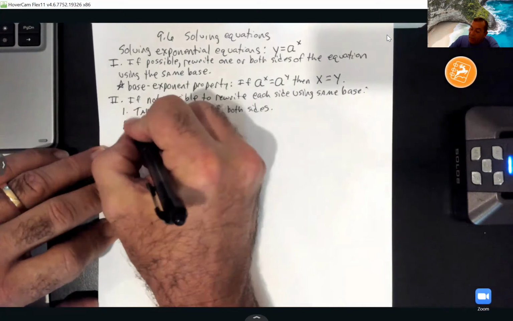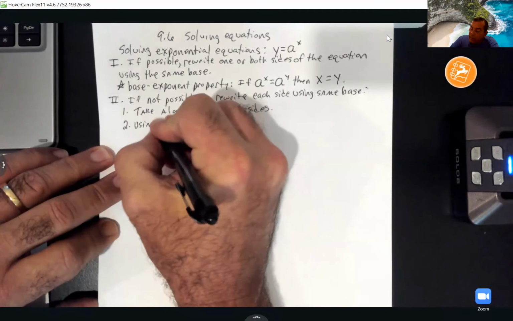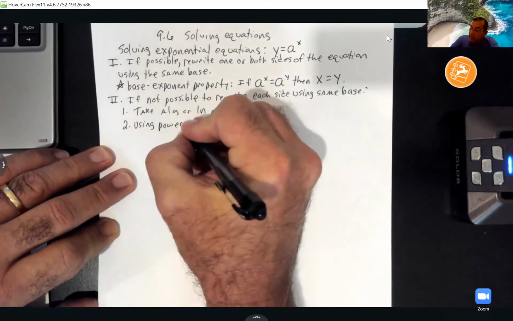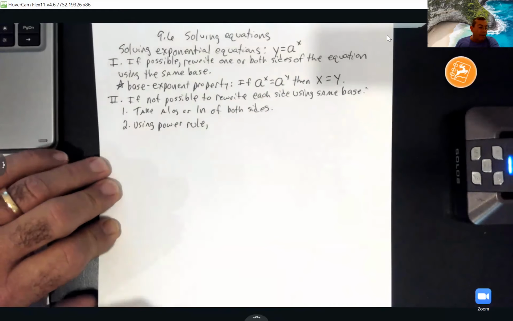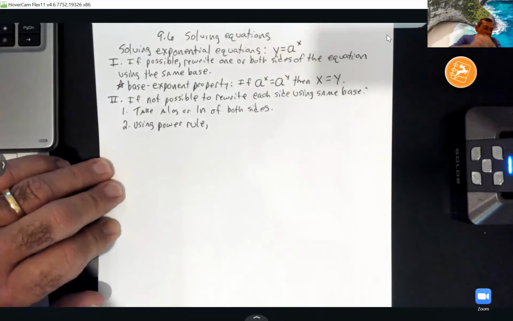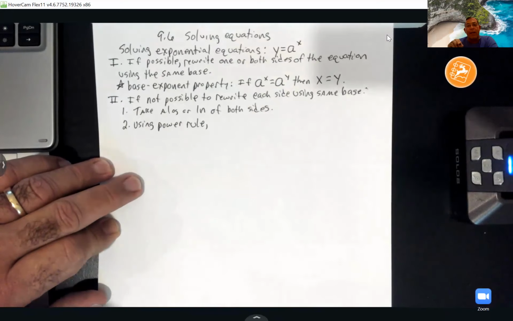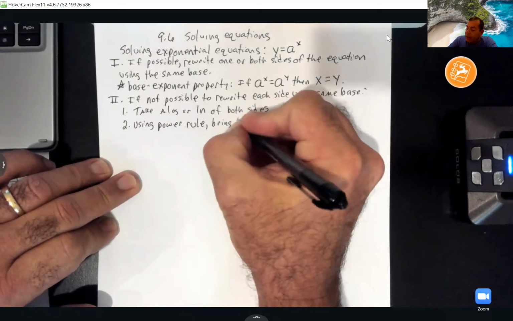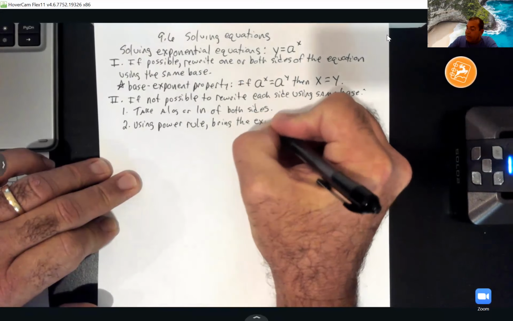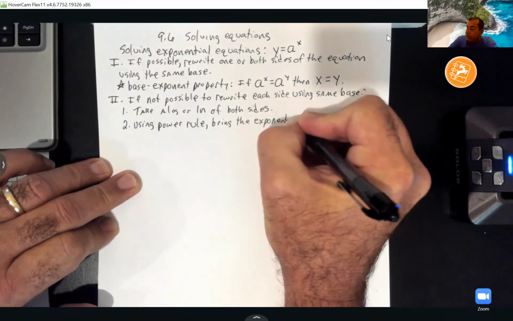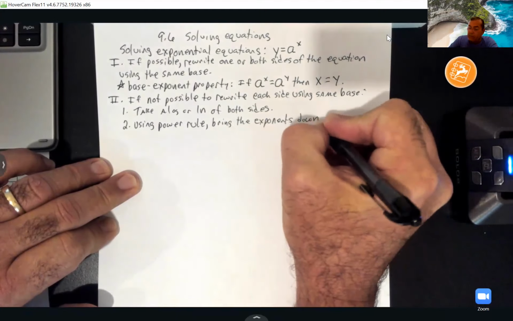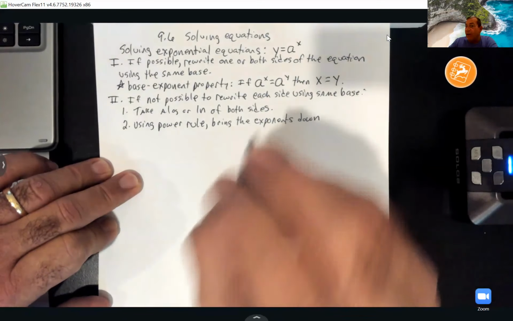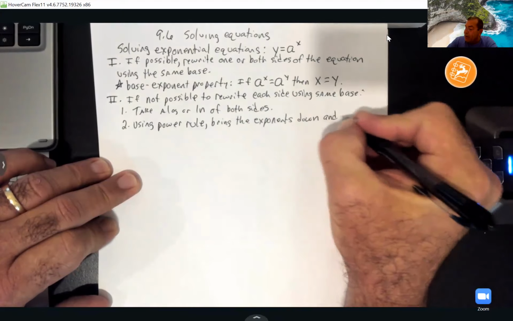Then, using the power rule, I'm going to bring those exponents down to the front and rewrite as a product. So bring the exponents down and rewrite as a product.